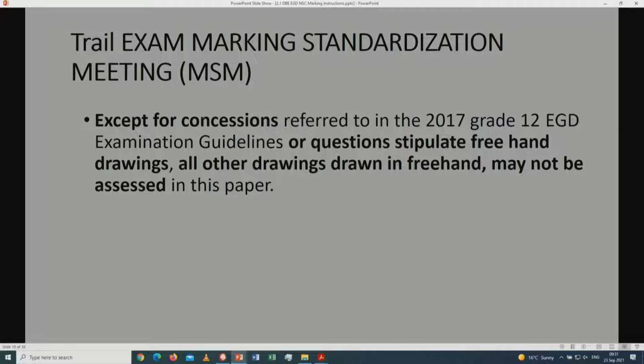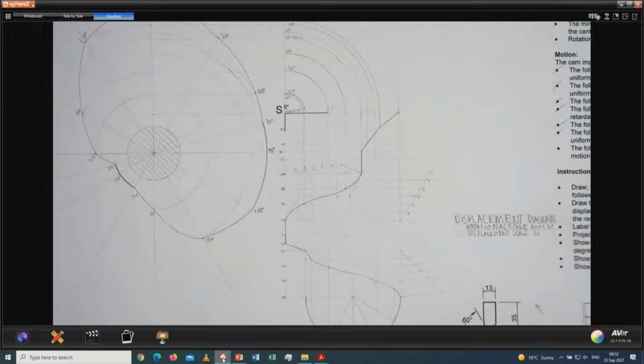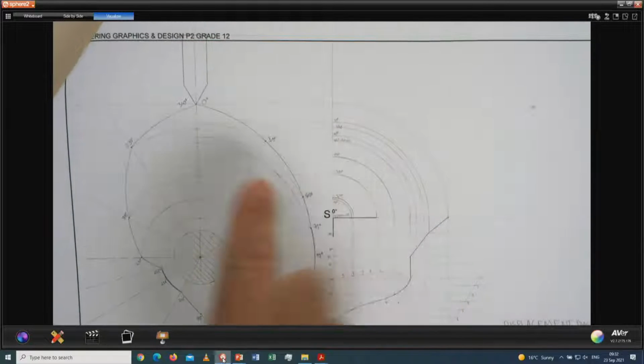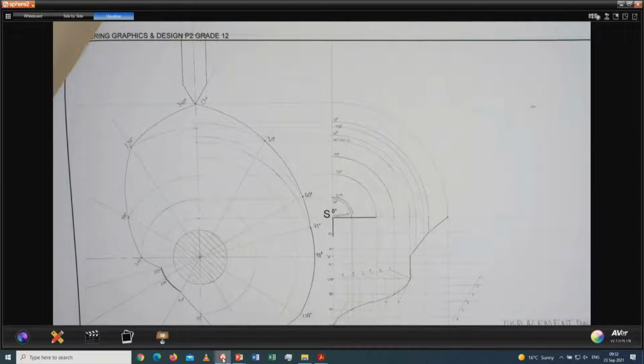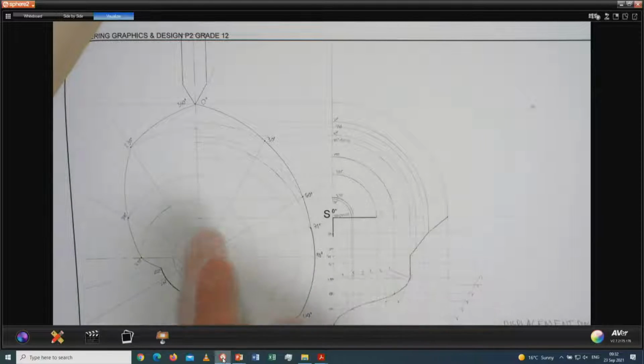All right, the only freehand drawings that you can get is of course with curves. Now curves with your loci of a cam, that can be seen as a freehand curve. So in this case, that can be done freehand. But now if the follower is at rest, that specific area must always be drawn by means of a compass.